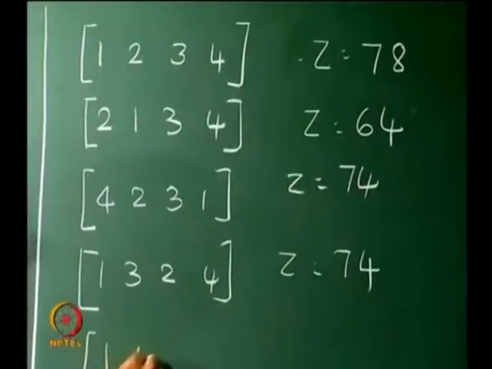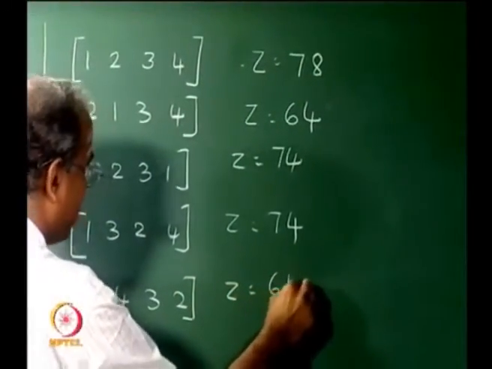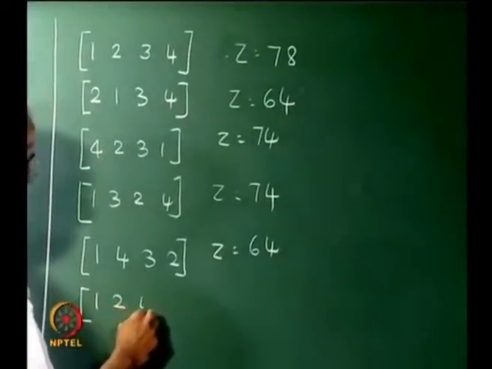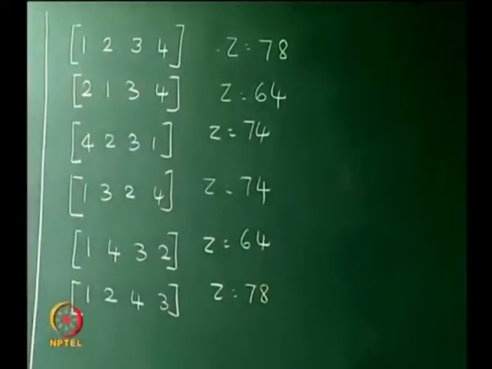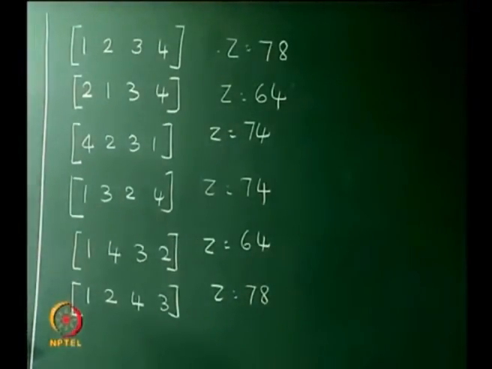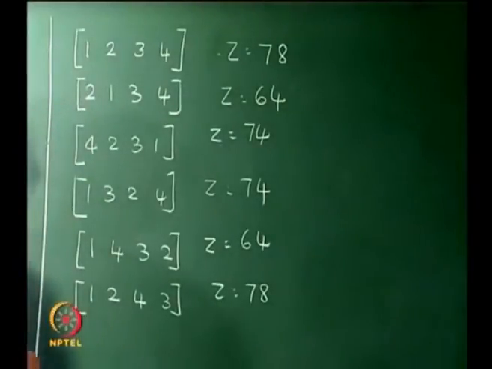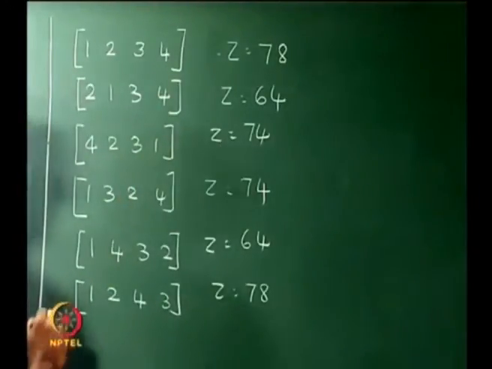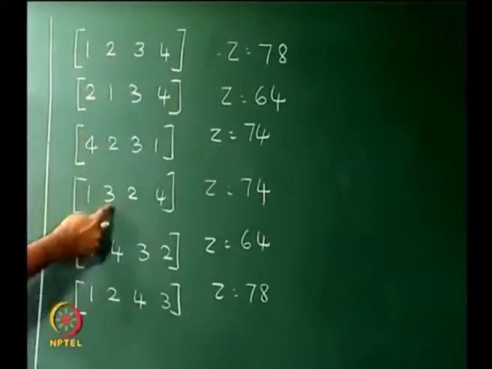We could have 1, 4, 3, 2 with z equal to 64, and we could have 1, 2, 4, 3 with z equal to 78. Now, these are some of the solutions which we could get by exchanging some of the facilities. For example, exchanging these two would give this. Now, from here we can exchange 4 and 2 to get this. We can use this and then exchange 2 and 3 to get this, and so on.